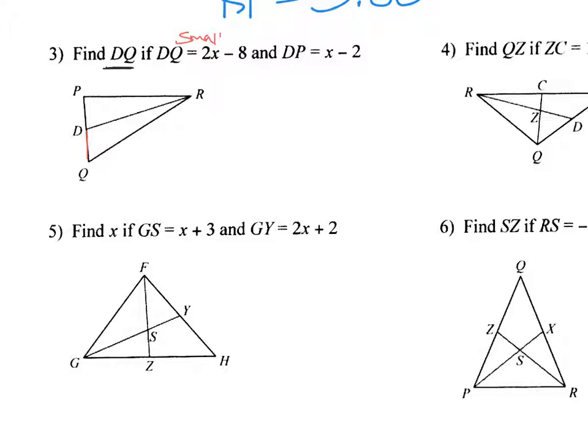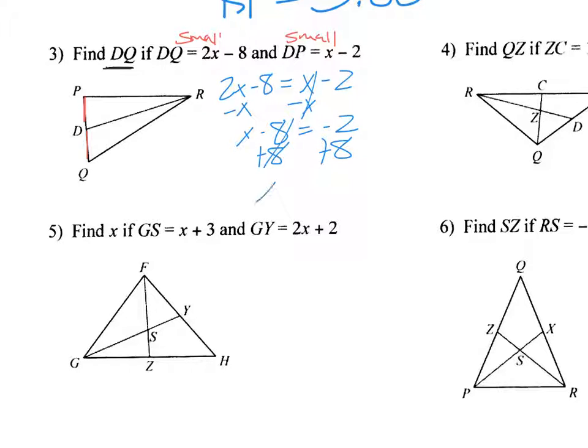And here's DP. DP is also small. So what do I know about the two smalls? I know they are equal. So here I have 2x minus 8, small, has to equal x minus 2, small. Solve the equation. x minus 8 equals -2, add 8, and I get x is 6.